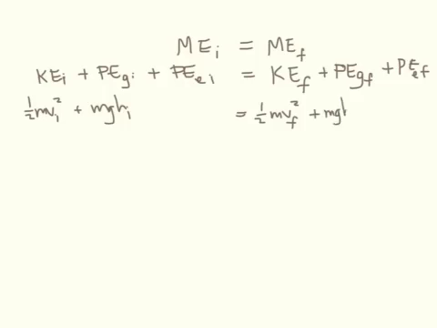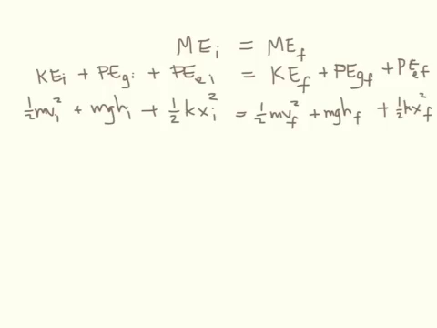Here we put m g h final. And we know the equation for elastic potential energy, right here and right here. It's 1/2 k, the spring constant, the stiffness, times x, the compression, squared. And the compression can change, so we do 1/2 k x initial squared and 1/2 k x final squared. Because x initial, x final, those could be different. You can compress and then let the spring go.